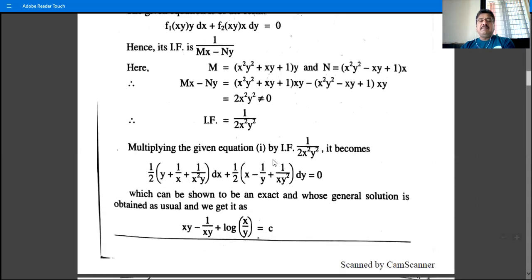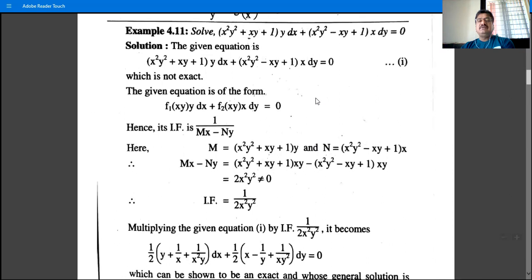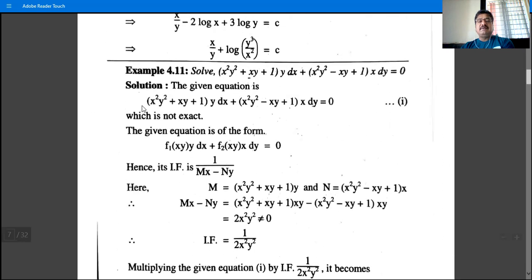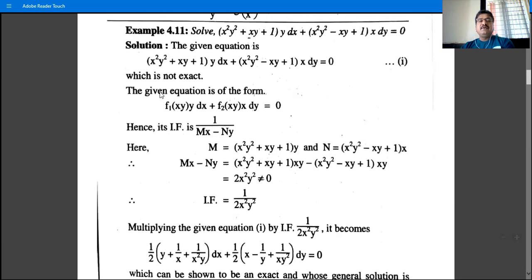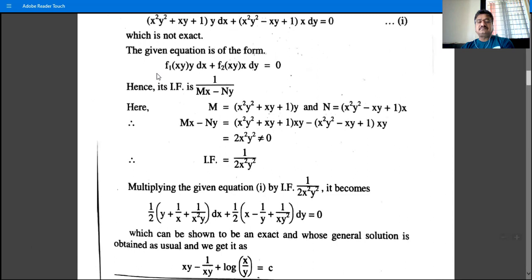So multiplying the given equation by 1 by 2x square y square, it becomes an exact differential equation. So we have 1 half x square y square, and multiply this by y.